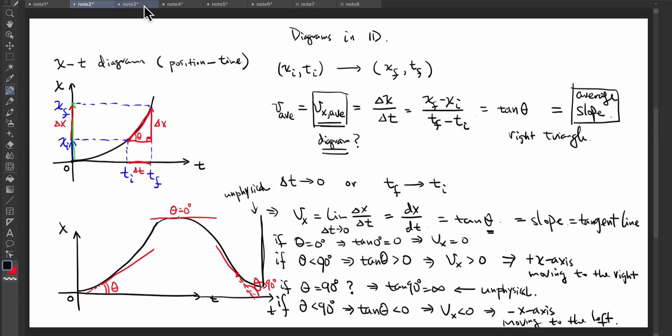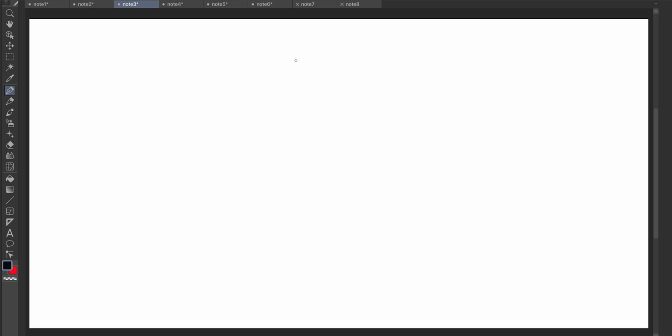All right, so now let's continue with the diagram. Let's talk about the VT diagram. Now in 1D, we just need to draw Vx and t's relation.